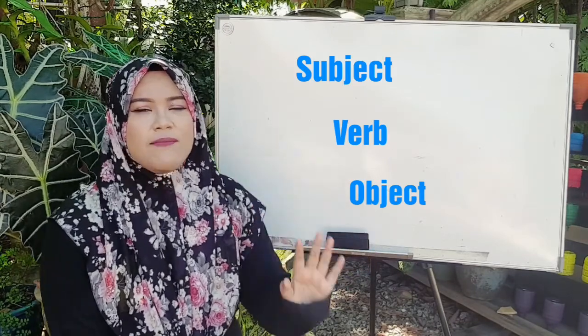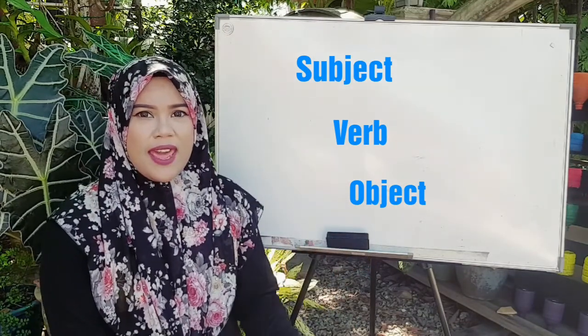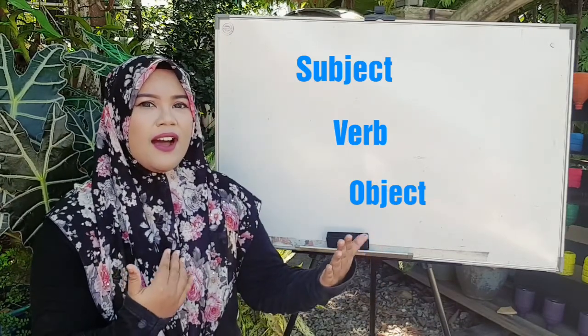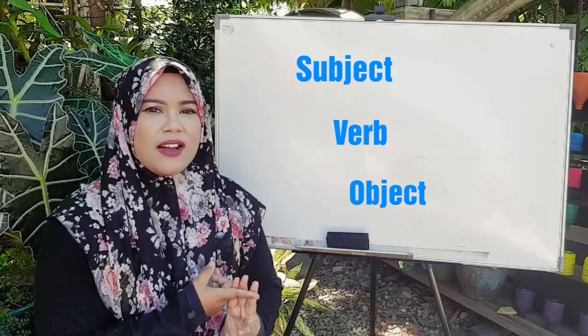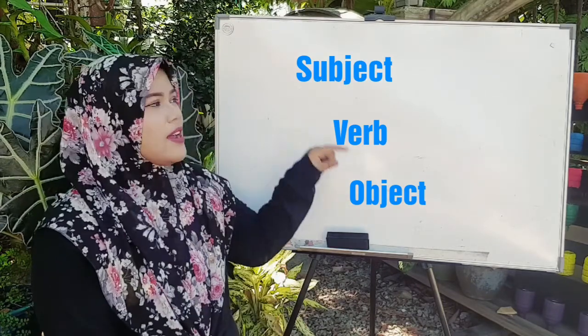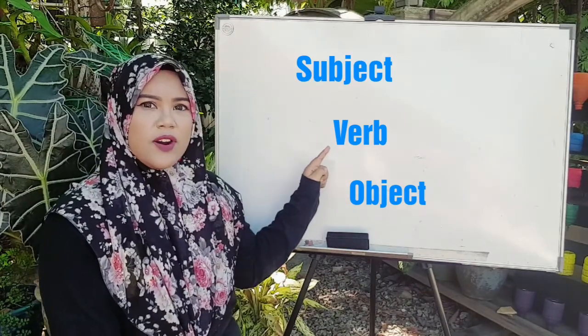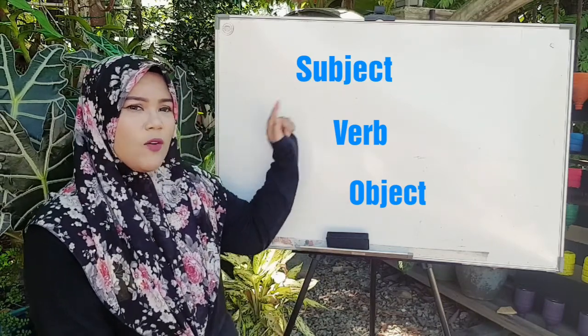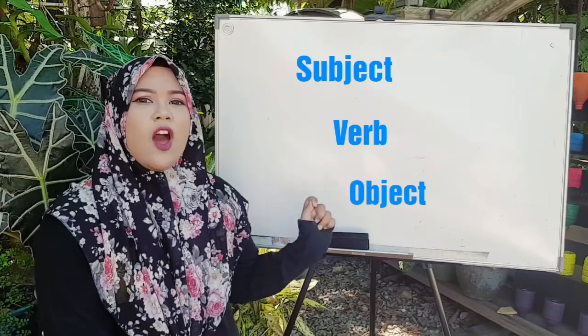Before that, let me explain to you a little bit in BM. Okay, dalam satu ayat bahasa Inggeris ataupun ayat, ada tiga elemen penting yang awak kena faham, iaitu ada subject, verb dan juga object. So, what is subject, what is verb, and what is object?